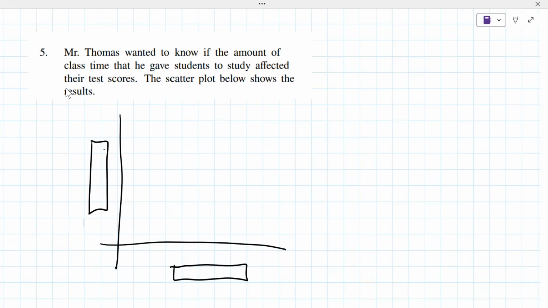All right. What do you think goes on the x-axis here? I put class time. Okay, so time, that's pretty common. What do you think goes on the y-axis? The test scores. Yeah, the score. So what direction do you think the graph goes?